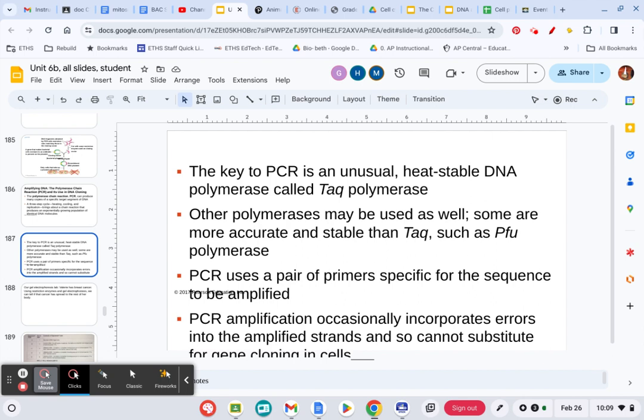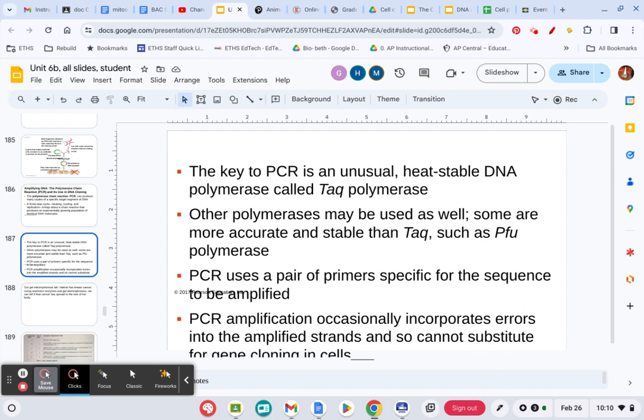The problem is that when you heat up a DNA molecule, you break apart the hydrogen bonds between the A's and T's and the C's and G's, the nitrogen bases. But if you use a regular DNA polymerase like we find in our bodies, when you heat it up to split the DNA apart, you also denature the enzyme. So that doesn't work so well.